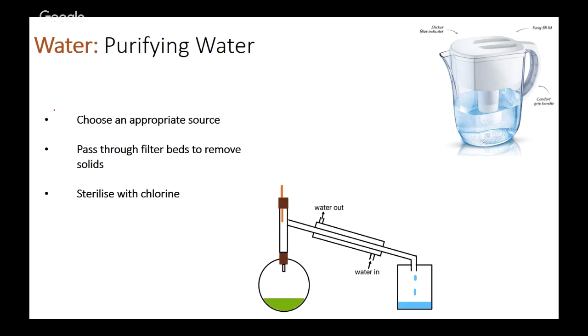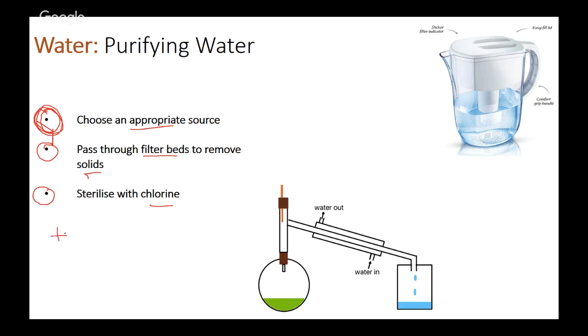You need to choose an appropriate source of water, perhaps one that is free flowing rather than a static pond containing lots of solid matter and microbes, and one that's not contaminated as well. You then pass it through filter beds to remove any solids. And then finally, the water is sterilised with chlorine.